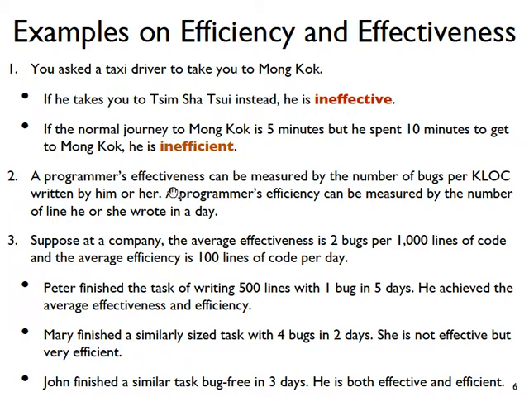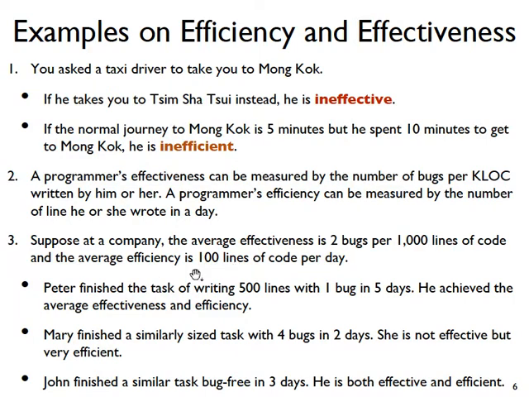Okay, so you're very good in effectiveness. But maybe you are very slow. Then if you're slow, you are inefficient. If you are fast, then you write many lines of code in an hour. But the two qualities may not go together.